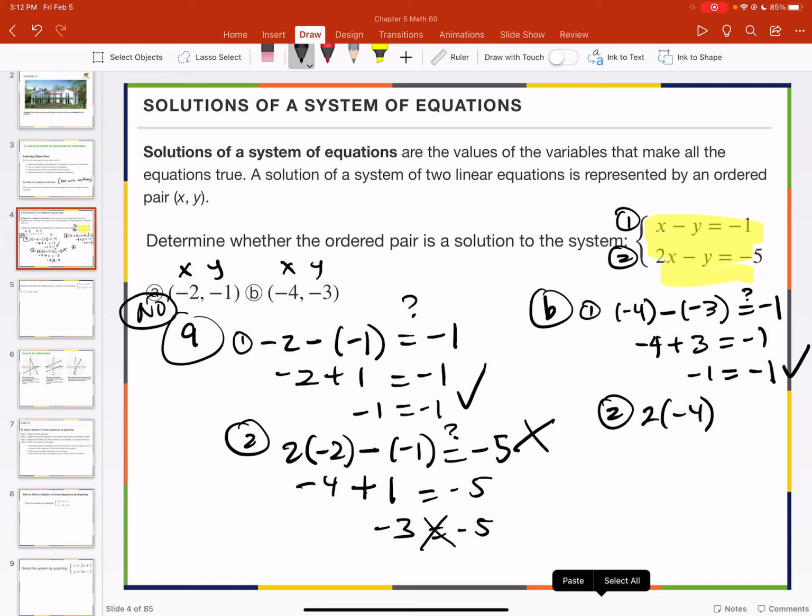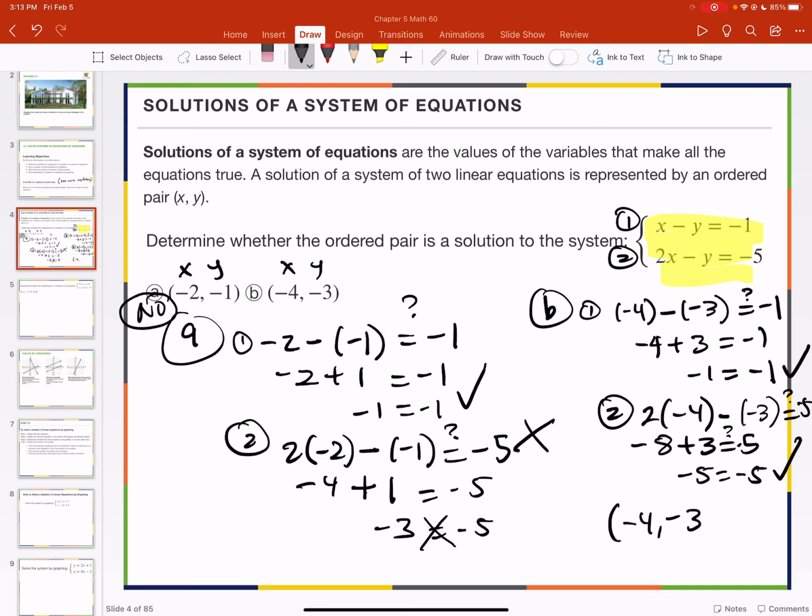So 2 times x minus y, which is -3, is that equal to -5? So -8 plus 3, is that equal to -5? And it is. -5 equals -5. So yes, (-4, -3) is a solution to this system.